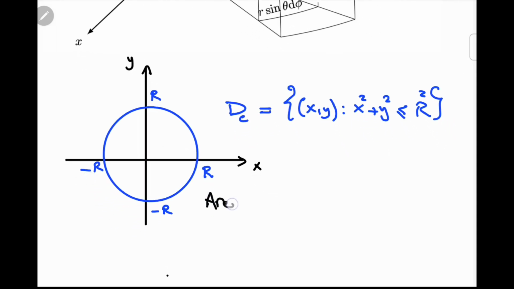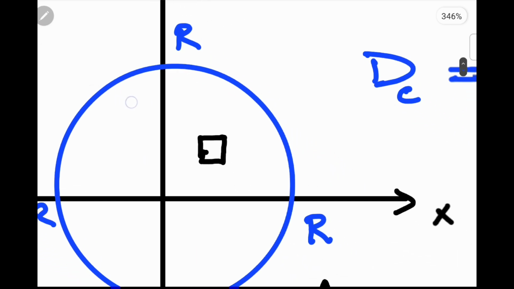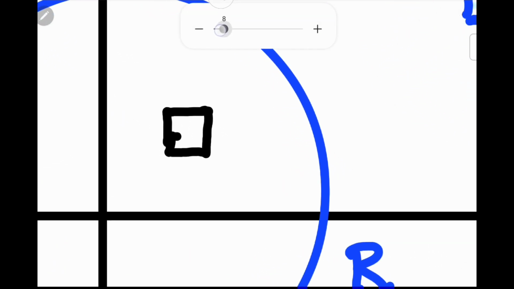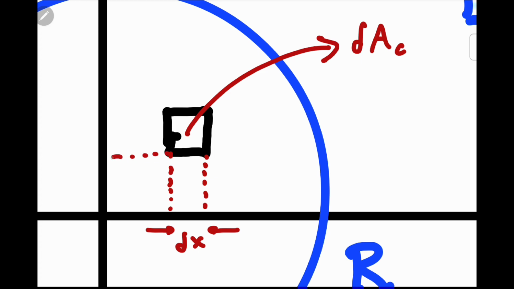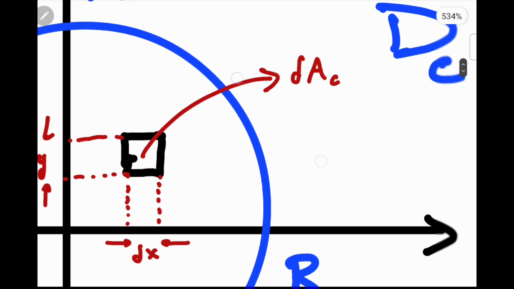So we can say that the area is equal to the double integral of the differential area, let's call it dAc, and this differential area is expressed as the product of dx by dy. So that's equal to dx times dy.